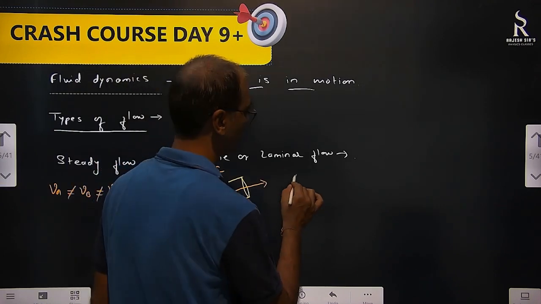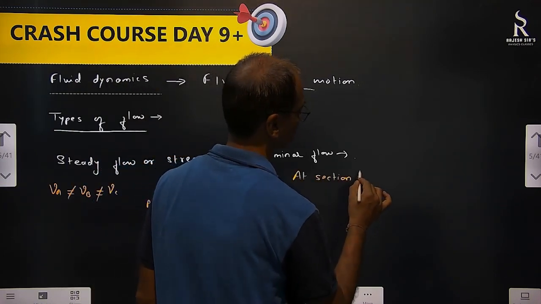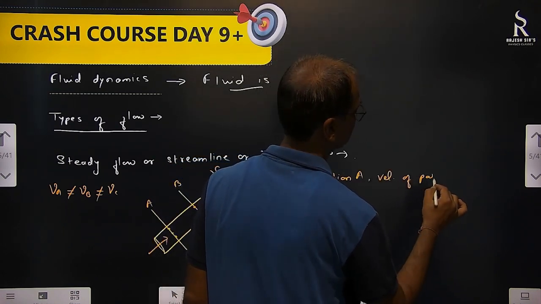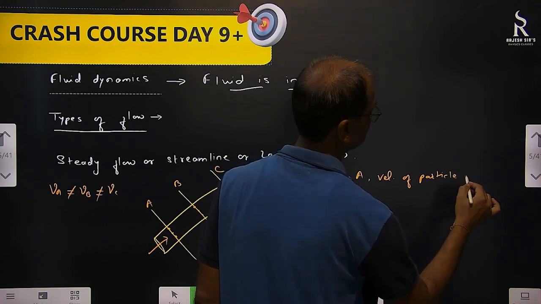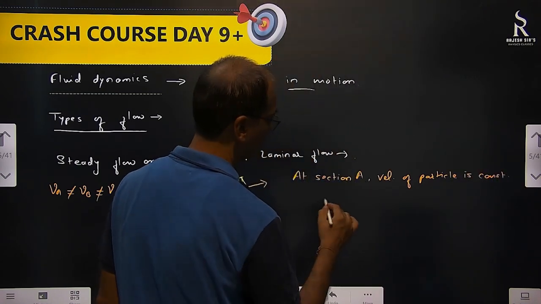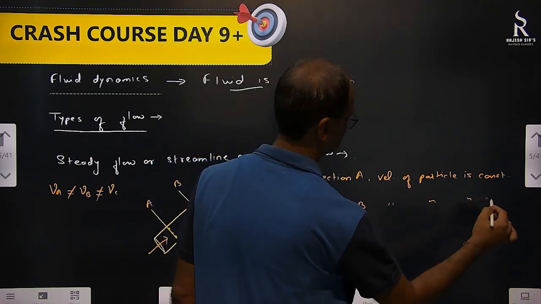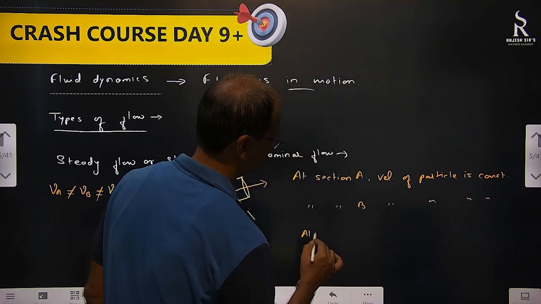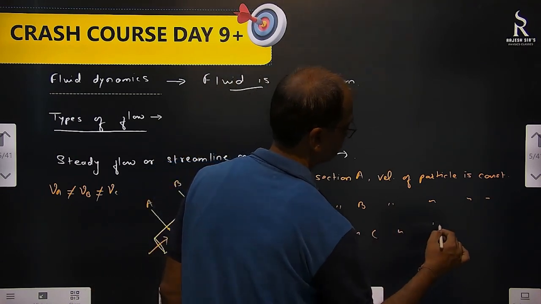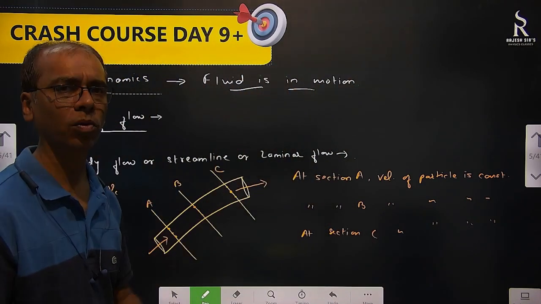At section A, velocity of particles is constant. Same way at section B, same way at section C. Because different particles are coming, so it's a flow.